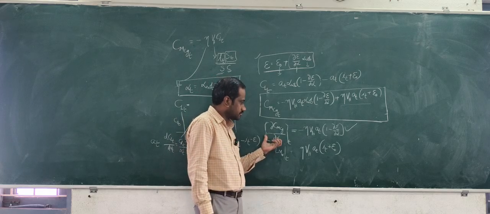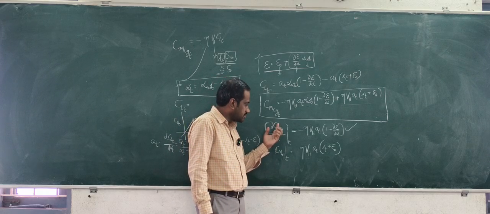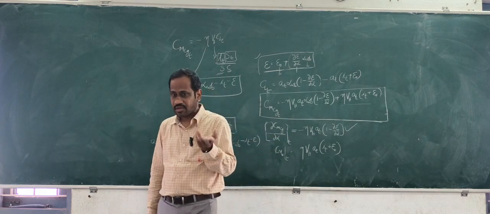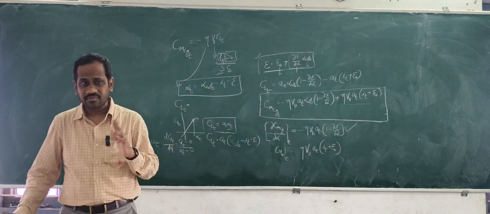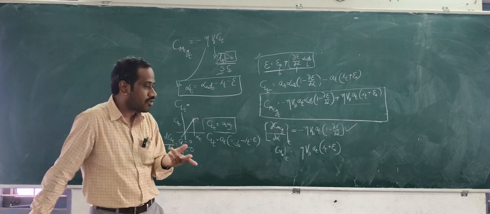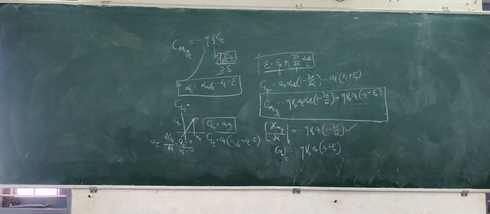Look at now. Contribution of the wing alone combination, dou Cm by dou alpha. In a case where dou Cm by dou alpha of the wing can be made negative only by the choice of selecting the center of gravity ahead of, that is not possible.